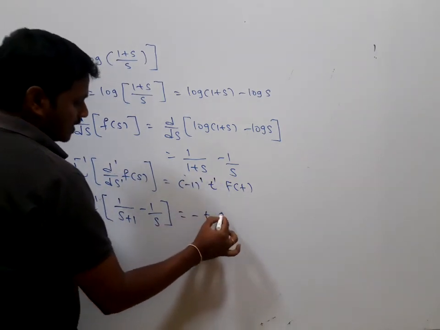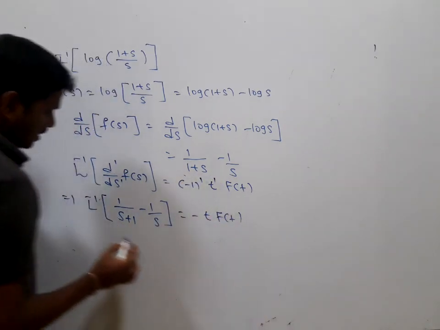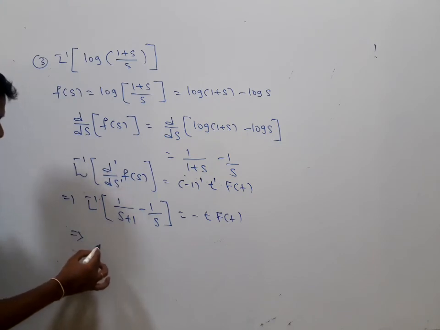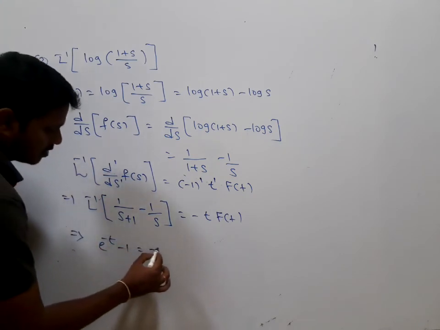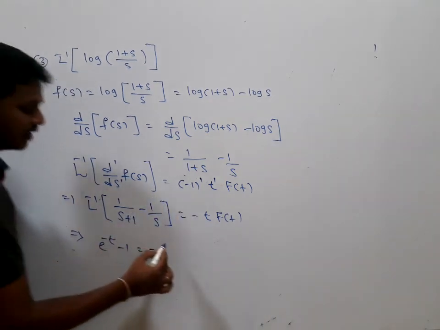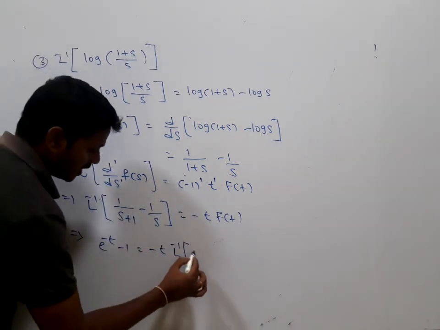Here it is minus t into f of t, right? L inverse of 1 by s plus 1 is e to the power of minus t, minus 1, which is equal to minus t into f of t, where f of t can be written as L inverse of f of s.